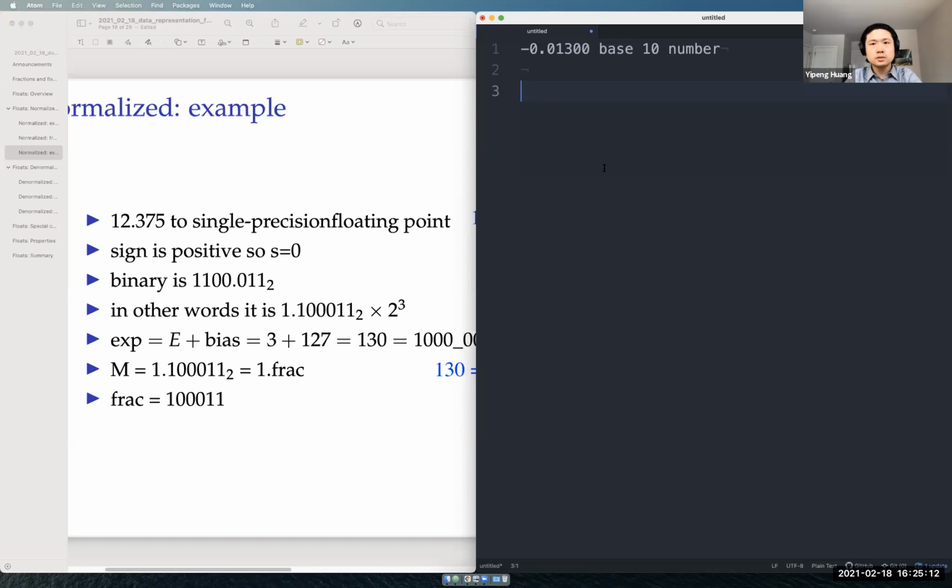Anybody want to pitch in on what's the next step that we have to do here? First we have to calculate S. The sign in this case is negative, so S is actually now going to be 1 to make it a negative number.